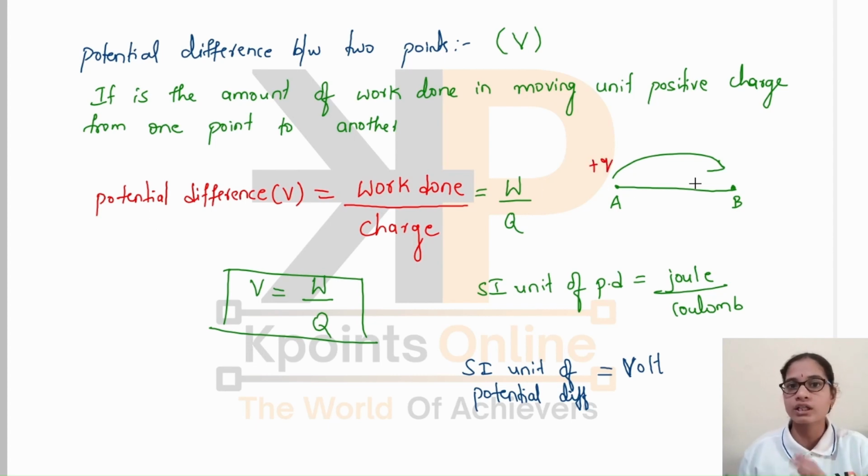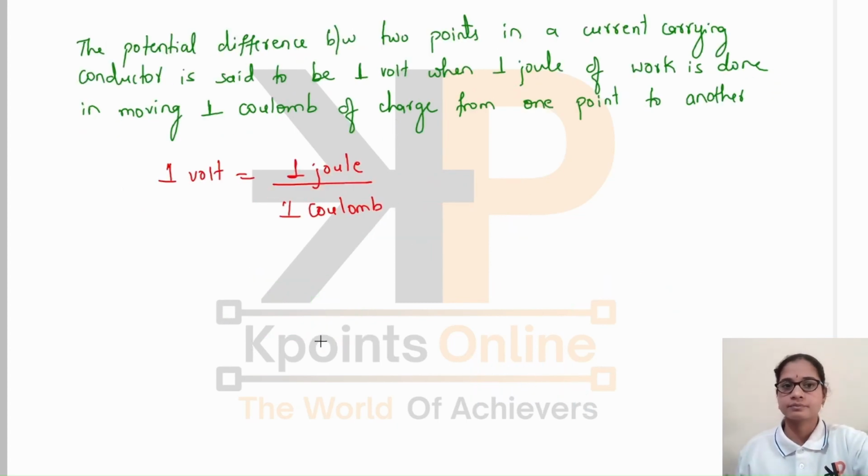The amount of work done in moving this unit positive charge from this point to this point is called potential difference between these 2 points. And it is given by V is equal to W by Q. And SI unit of potential difference is volt.